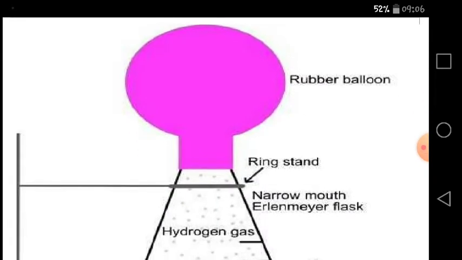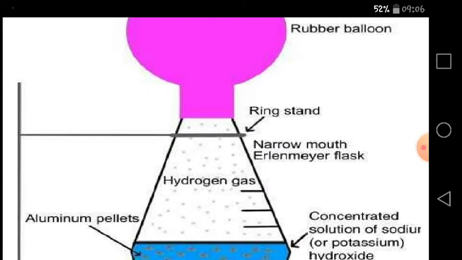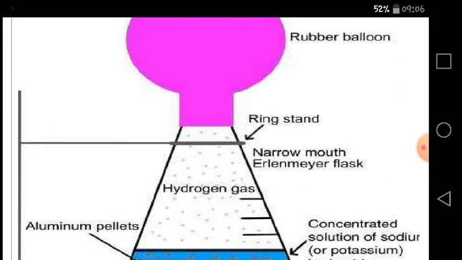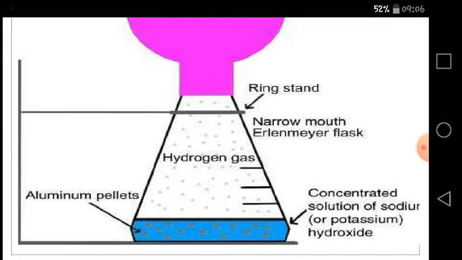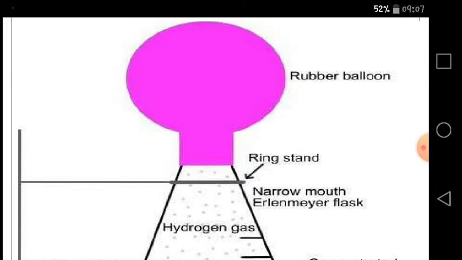Dear students of LPS, we can arrange this apparatus according to this diagram. You can see a conical flask, a concentrated solution of sodium potassium hydroxide, aluminium pellets, a narrow mouth flask, a ring stand, and a rubber balloon.